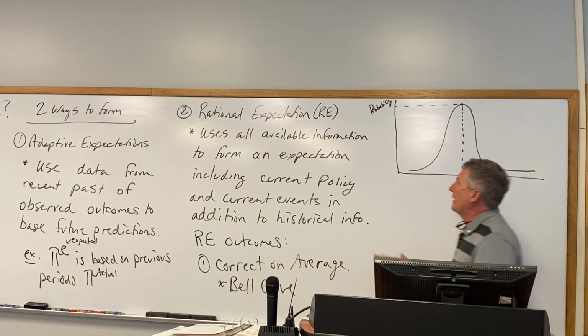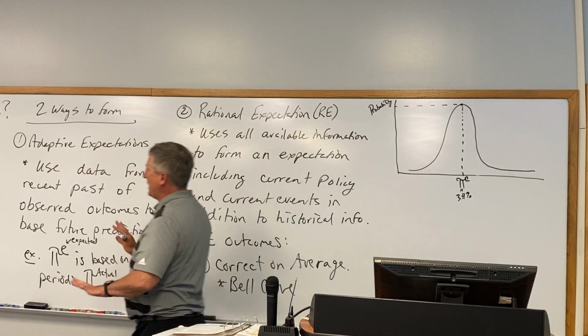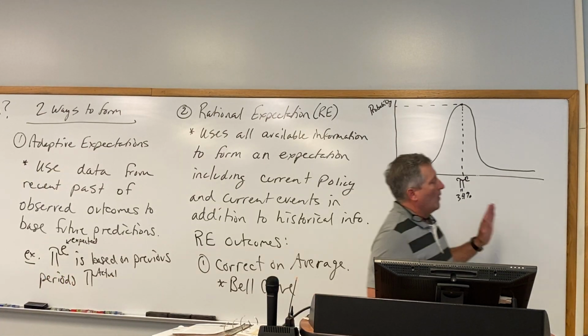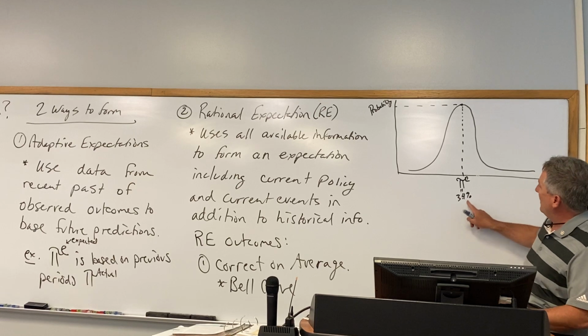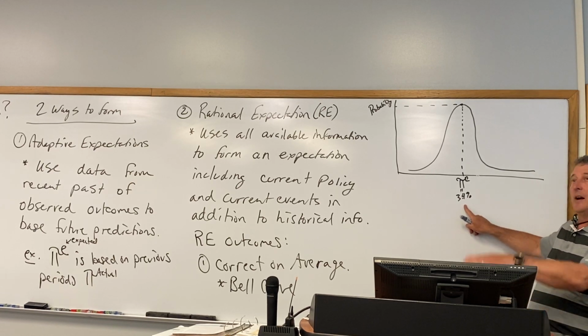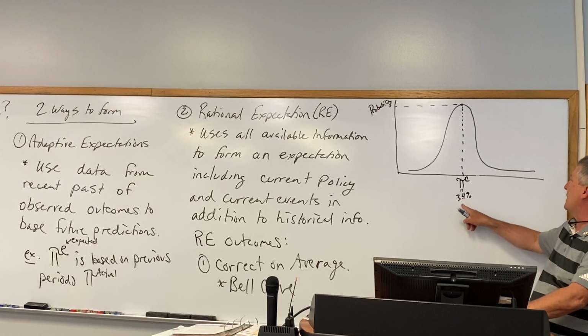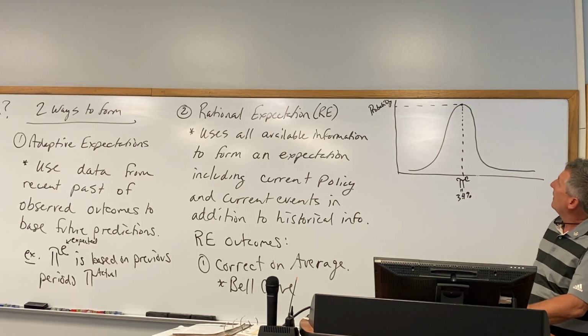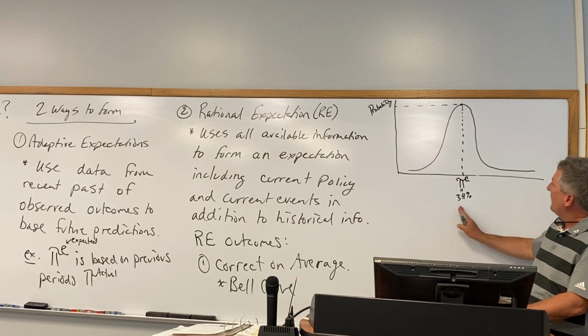And the argument here is that they used a rational expectation to come up with that prediction. So the most probable prediction of the next month's inflation was 3.4%, right, according to whatever that probability is.